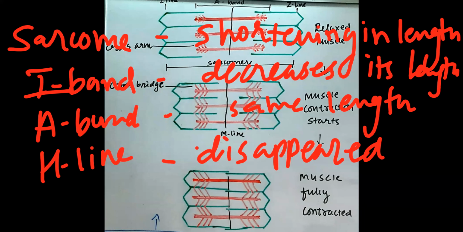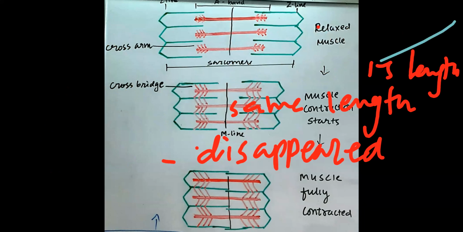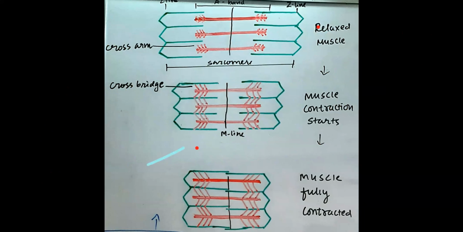Two Z lines come close to each other, so the sarcomere shortens. I band length decreases, A band length remains the same, and the H line disappears. This is what happens at the time of muscle contraction. Now I have explained the full possible details of this muscle contraction.